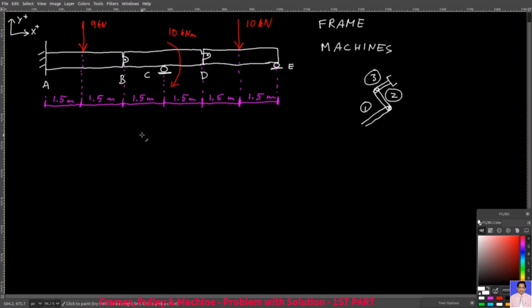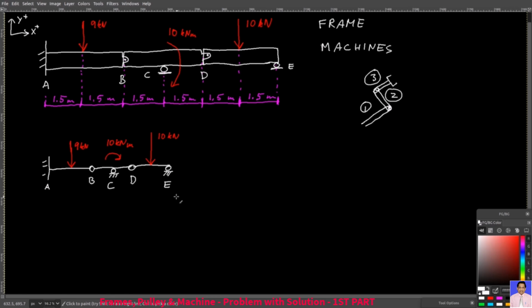Welcome back. Let's now find the reaction supports at A, C, and E for our frame. First of all, your initial intuition might be that we have improper constraints.